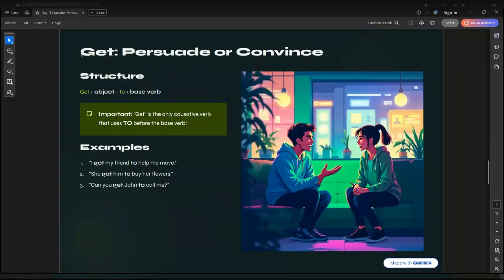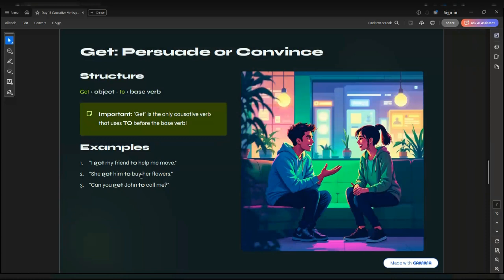The fourth one is get. Get means persuade or convince. Let us see the example first, then the picture will be clear to you. I got my friend to help me move. Here, I convinced my friend to do something for me.